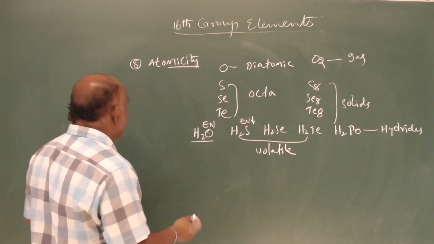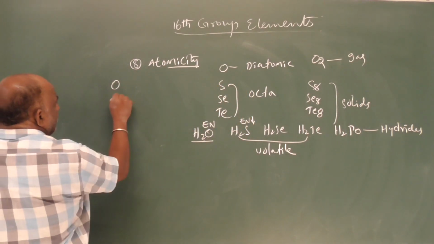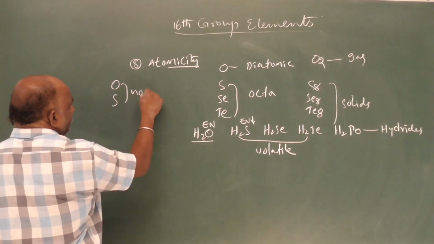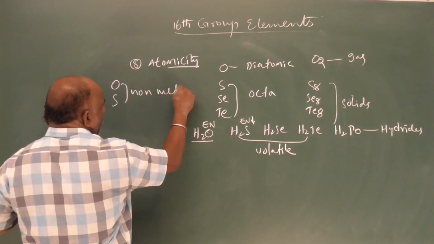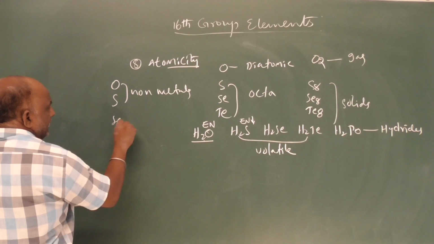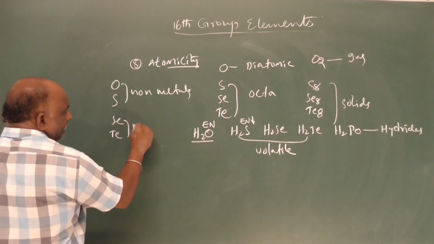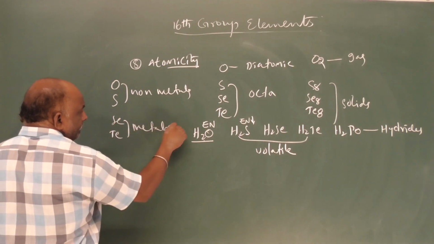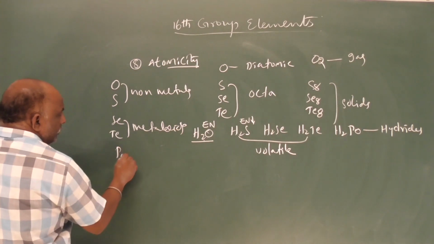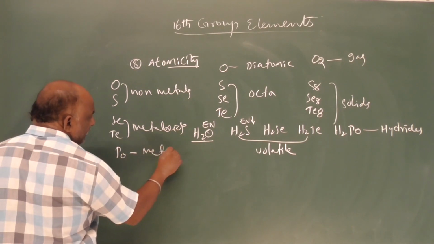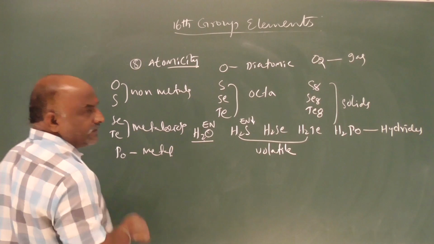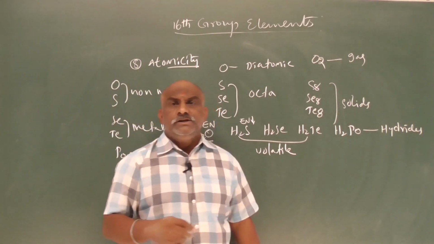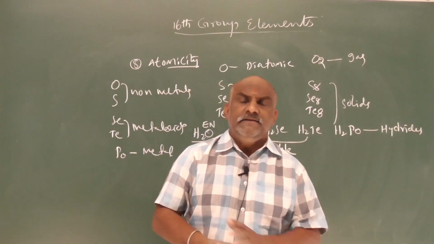While coming to metallic character, oxygen and sulfur are non-metals, and selenium and tellurium are metalloids. Polonium is a radioactive metal. Electropositivity increases down the group, which means metallic character increases.